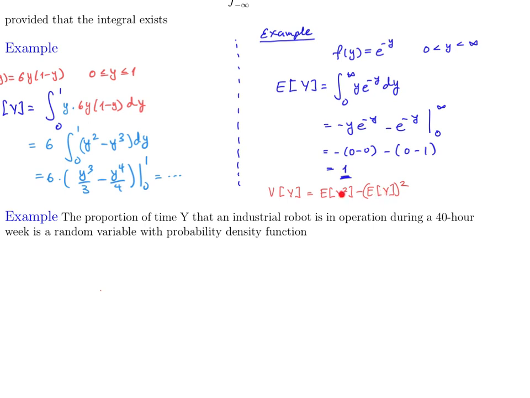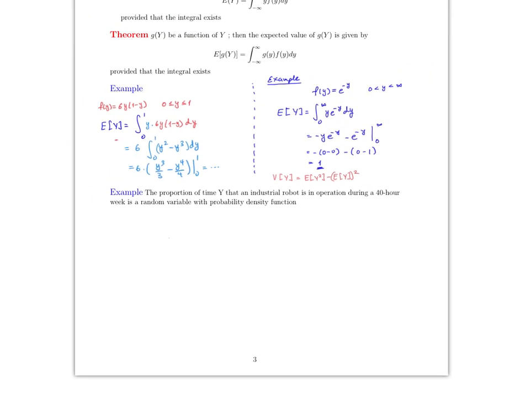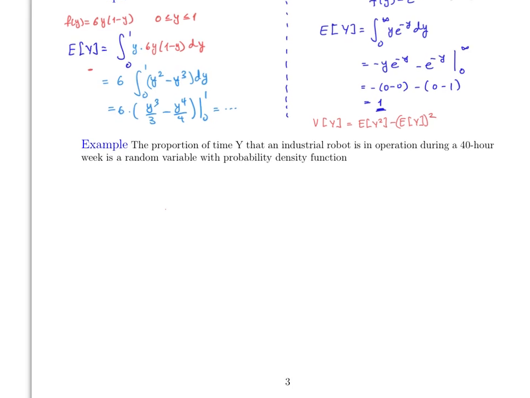So if you want to find the variance, you need to multiply by y squared first, do the integration by parts twice, and whatever you get will give you this value, and you subtract that minus 1 squared. That will give you the variance. Same idea in this case, if you needed to find the variance. Okay. All right, so let's do one more example.